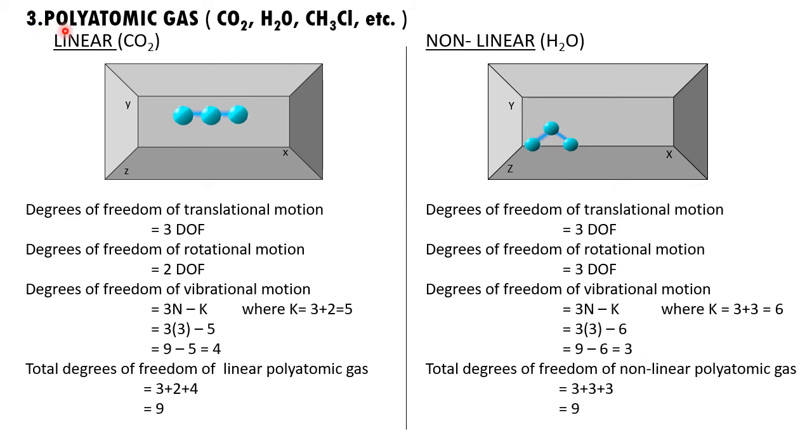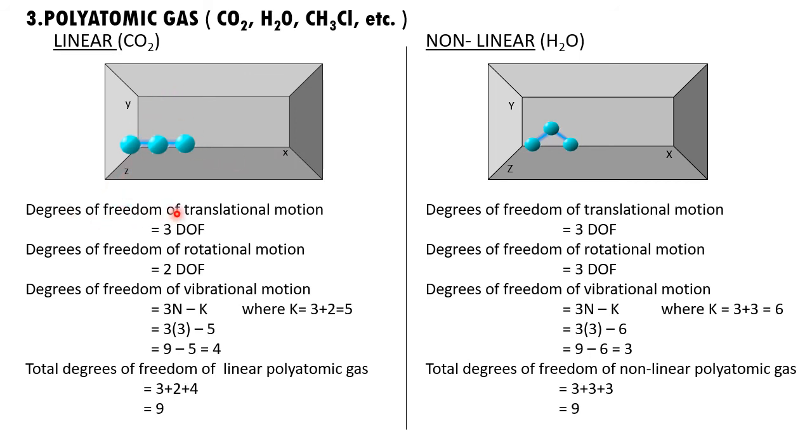Now the next one, that is the polyatomic gas. Examples: CO2, H2O, CH3Cl, etc. So the first one, that is the linear example, CO2. This linear triatomic molecule can move along the x, y and z axis.